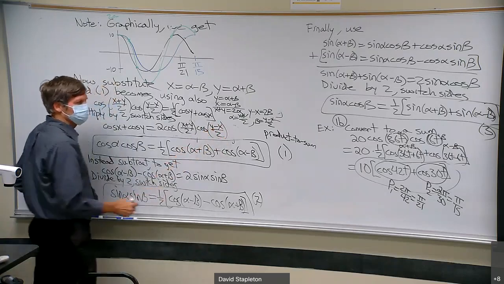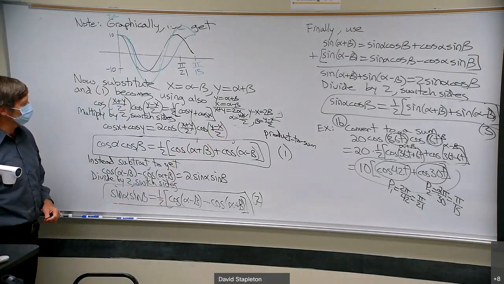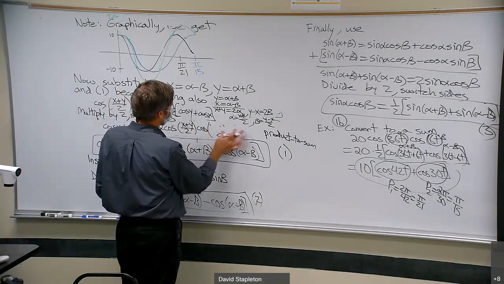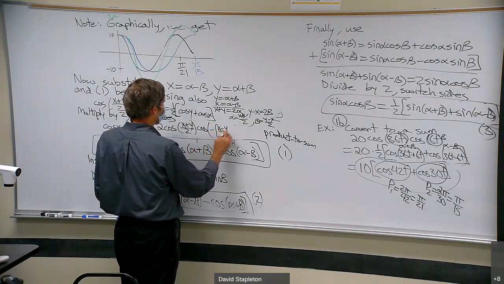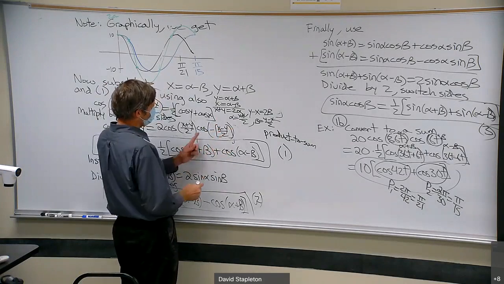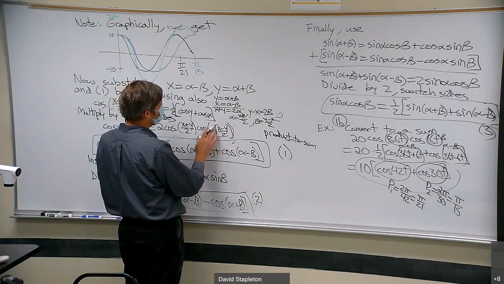Boy, wouldn't that be nice if it was x minus y instead of y minus x? That'd be easier. It is actually, if you want, right? Because (y minus x) over 2 you can also write as minus (x minus y) over 2. And then cosine of a minus an angle is the same as cosine of the plus angle. It's an even function.